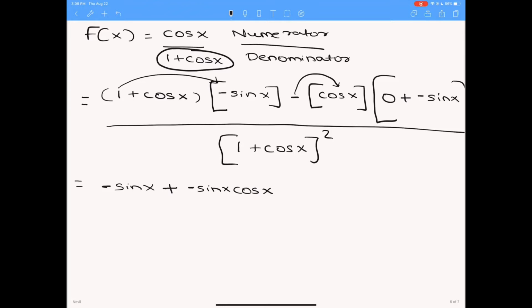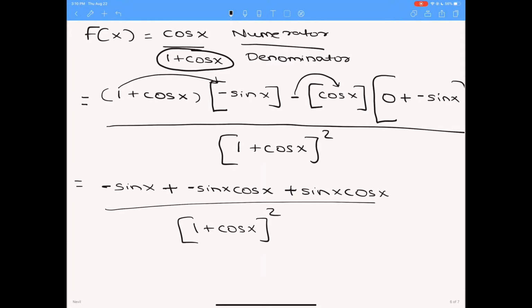So I have now negative cosine x times 0 is 0. I don't think there's a big need to write that out, so I'm going to just omit that for the second. And negative cosine x times negative sine x gives me positive sine x cosine x, because negative times negative gives you a positive. Whole divided by 1 plus cosine x the whole squared.